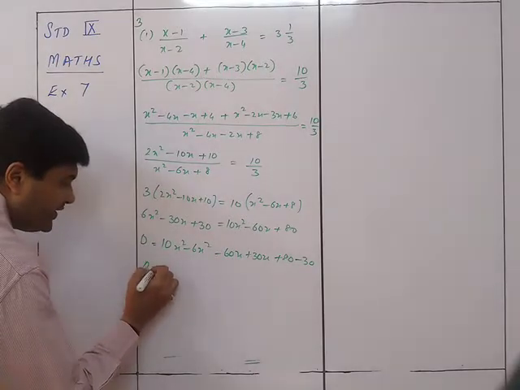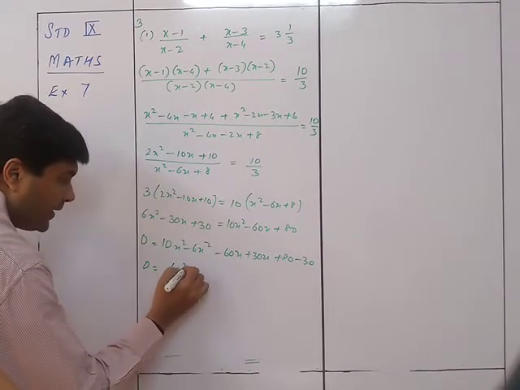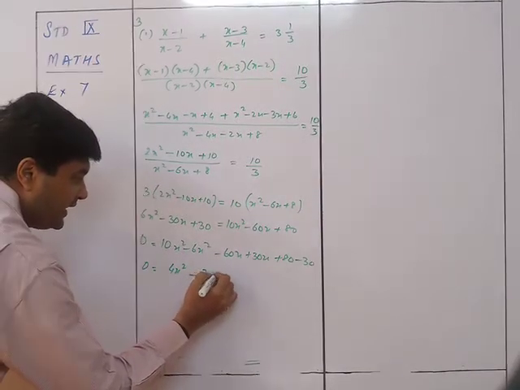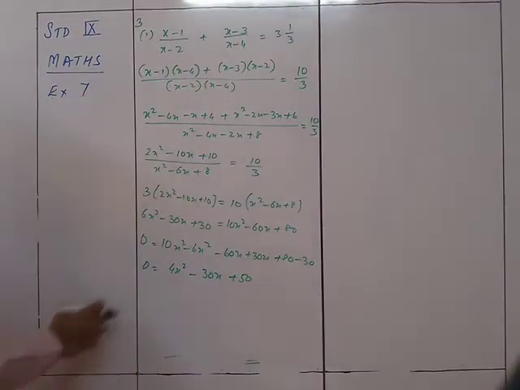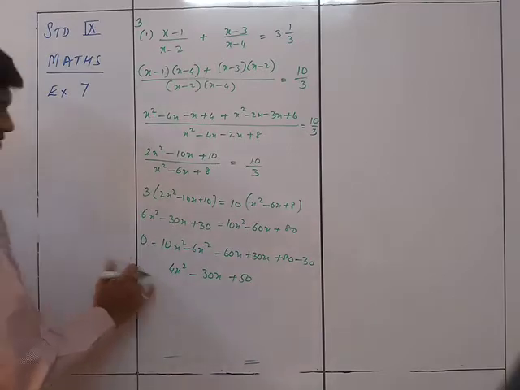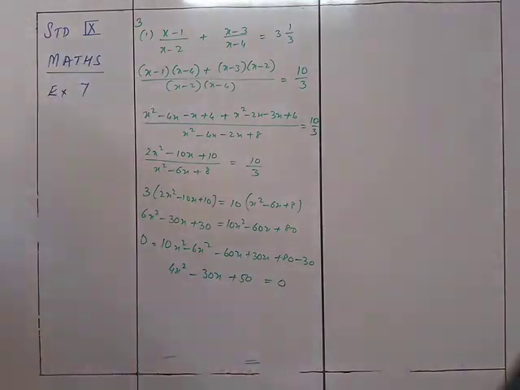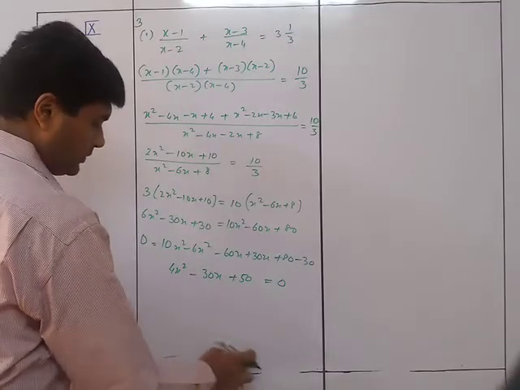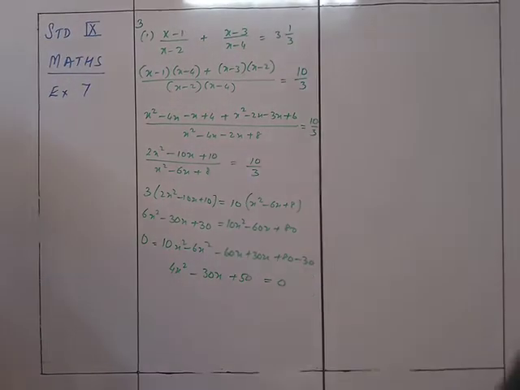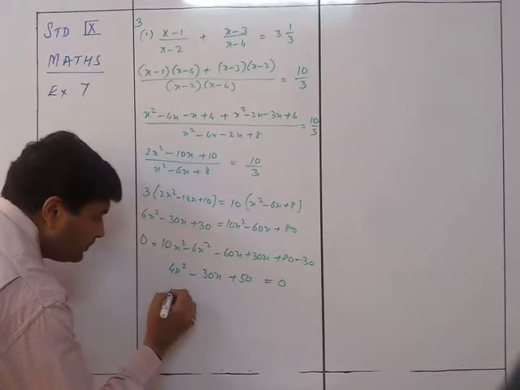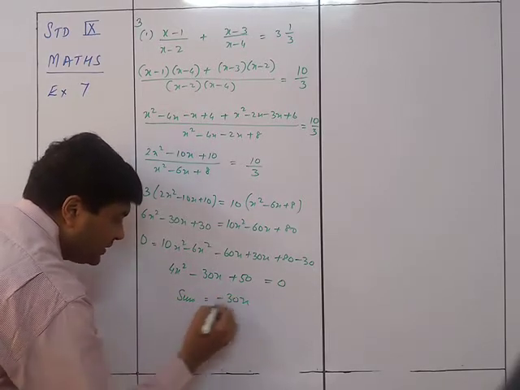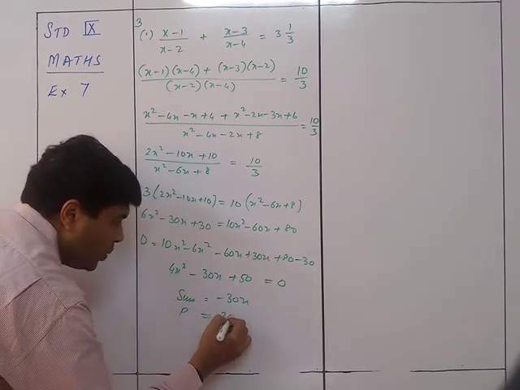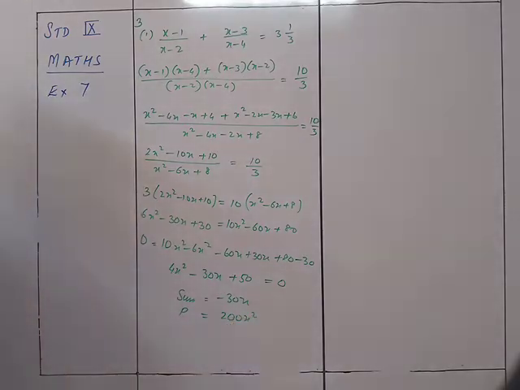So that gives me 0 is equal to 4x square minus 30x plus 50, is equal to 0 is already done. So we can put this over here is equal to 0. Got it? So now we see that the sum is equal to minus 30x and the product is equal to 200x square. 20 and 10.